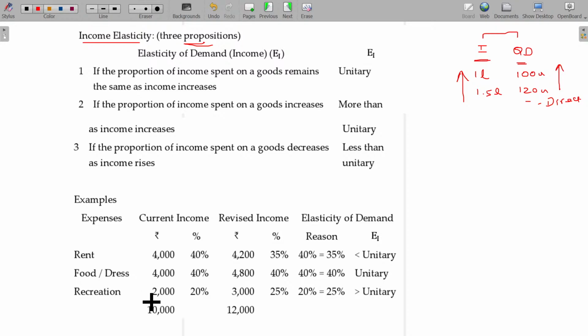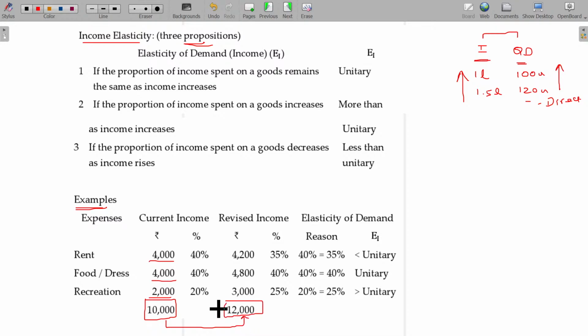See, let me explain this logic with an example. If my income is 10,000 rupees, I spend 4,000 rupees out of that for rent, 4,000 for food and dress, and 2,000 only for recreation. Suddenly, sometime later, my income increases from 10,000 to 12,000 rupees.